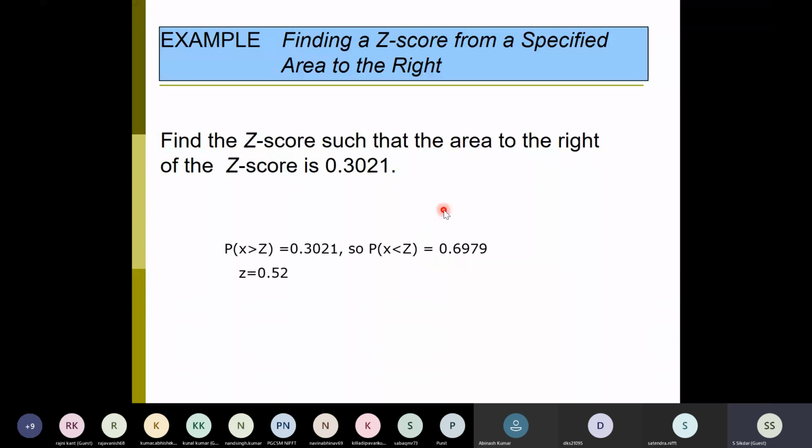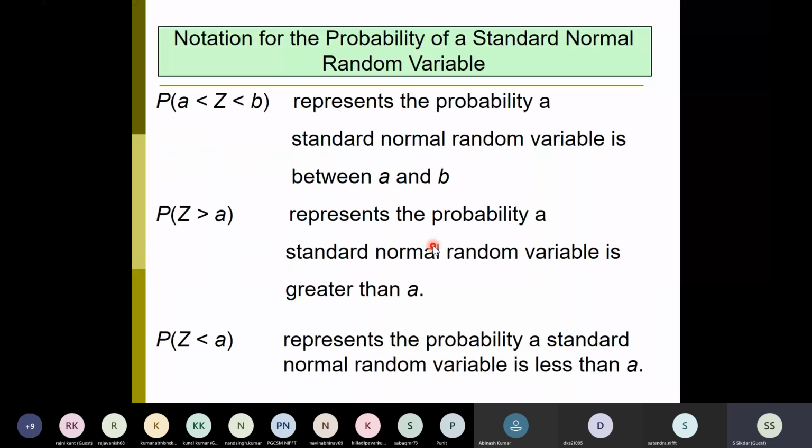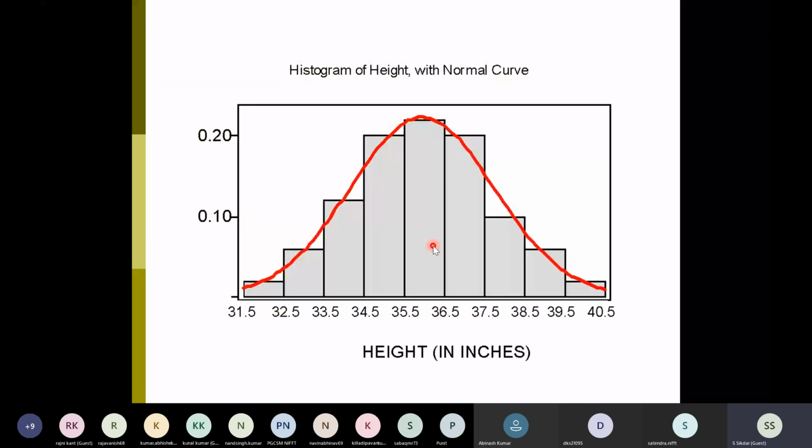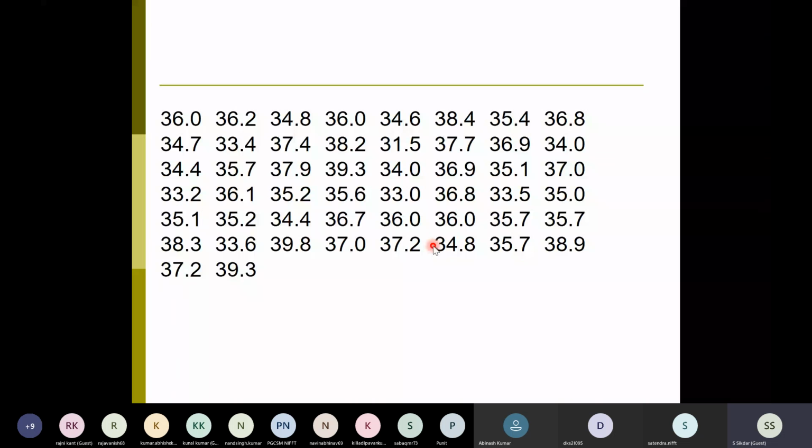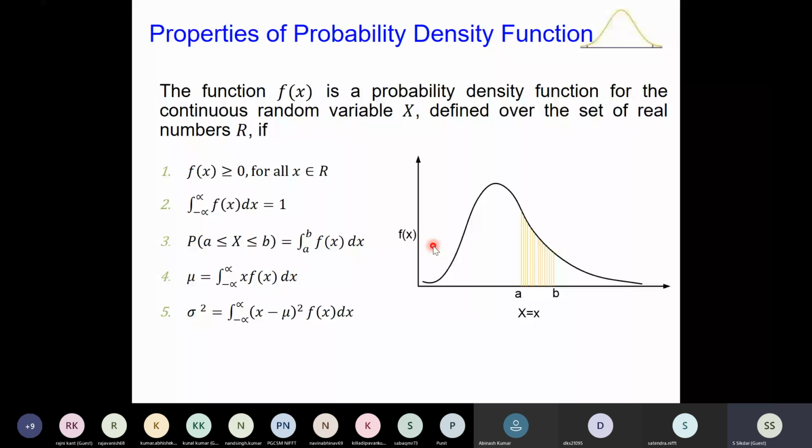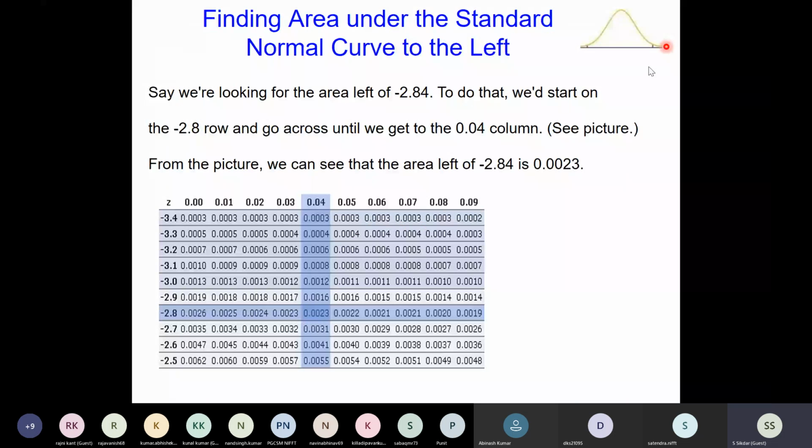And then again, what you have to do is look into the table, just like we are searching the table in other cases. Similar to that, you have to search where you are getting this value, and then you get the value of z.